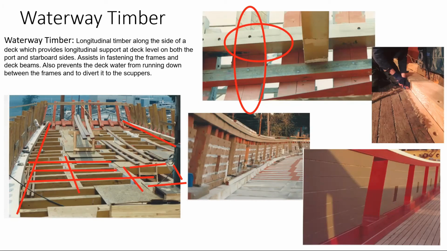Then in the picture in the middle here, we can see the bulwark planking being put in place, and then we have our waterway timber running the length. On our lower right, we have it all completed and painted in a different color than we use now, since generally the bulwarks on either side are either green or red.